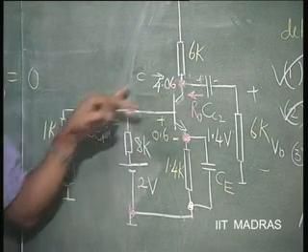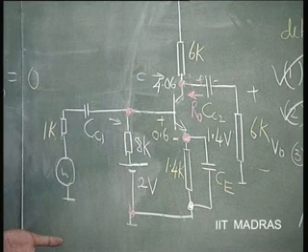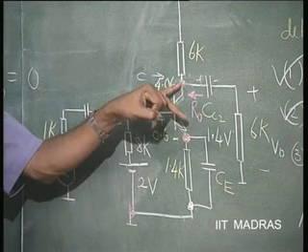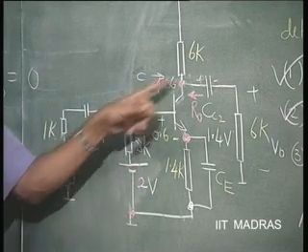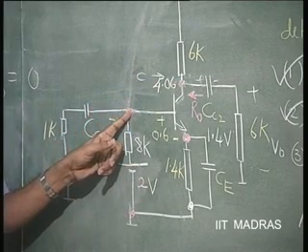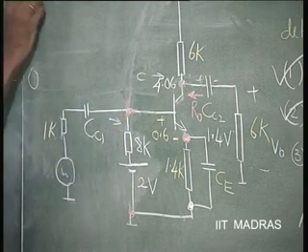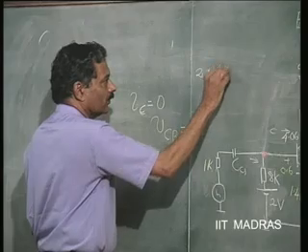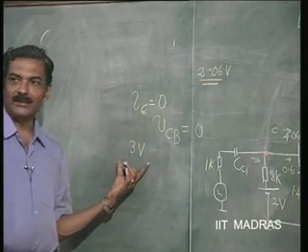So, the voltage swing possible here is, how much is it? 2.06. Because when it goes from here down by an extent of 2.06, this potential will become the same as this potential. So, 2.06 volts is the swing on the other side. On this side, the swing is 3 volts.